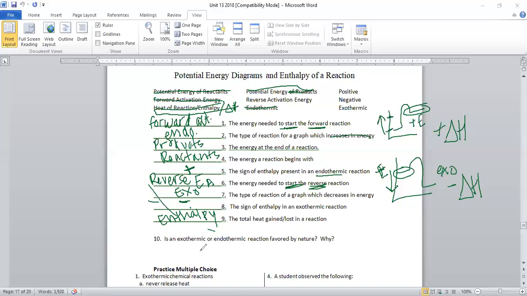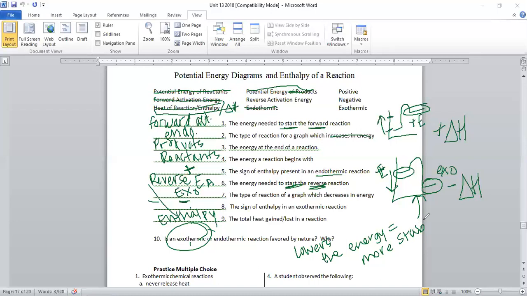So an exothermic reaction is favored by nature because it lowers the energy. See, right here, that's what's happening. Energy is getting lowered, and when you have lower energy, you're more stable.